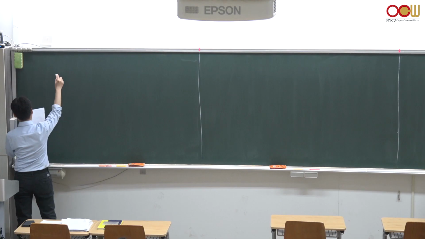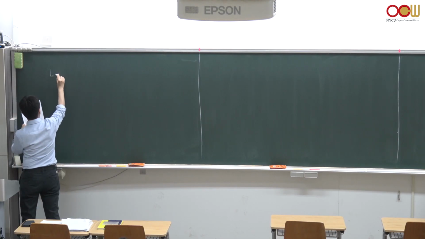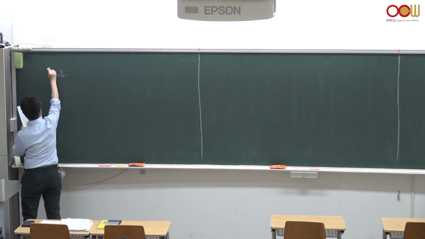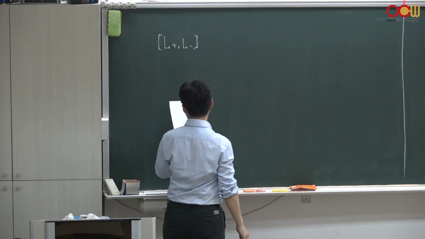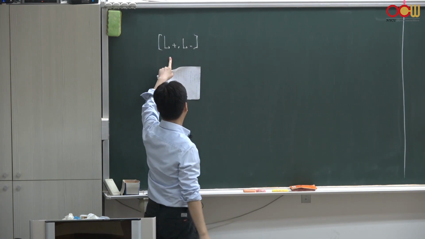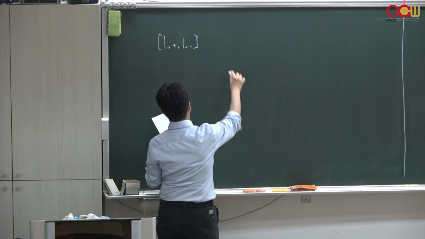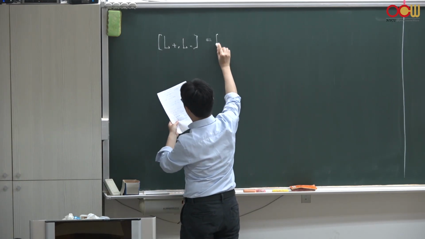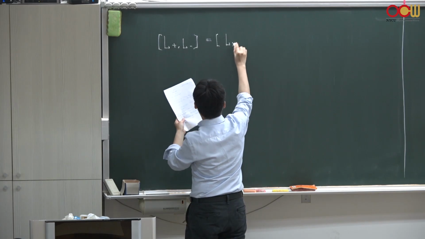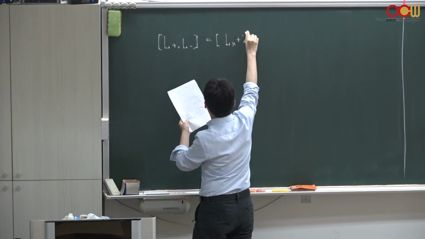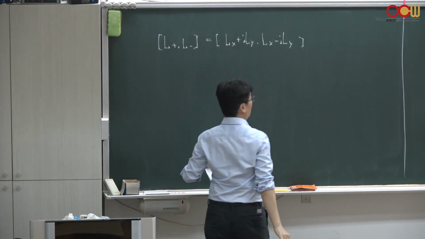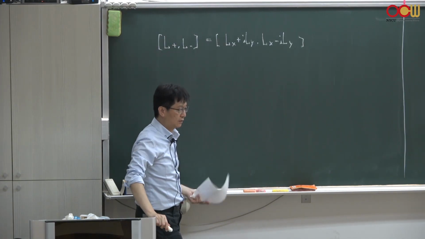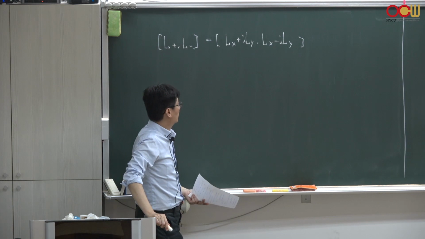This is the commutator between various angular momentum operators. First, the commutator between L plus and L minus: you could simply plug in the definitions of L plus and L minus, and you know the commutation relation between Lx and Ly, and also Ly and Lx.